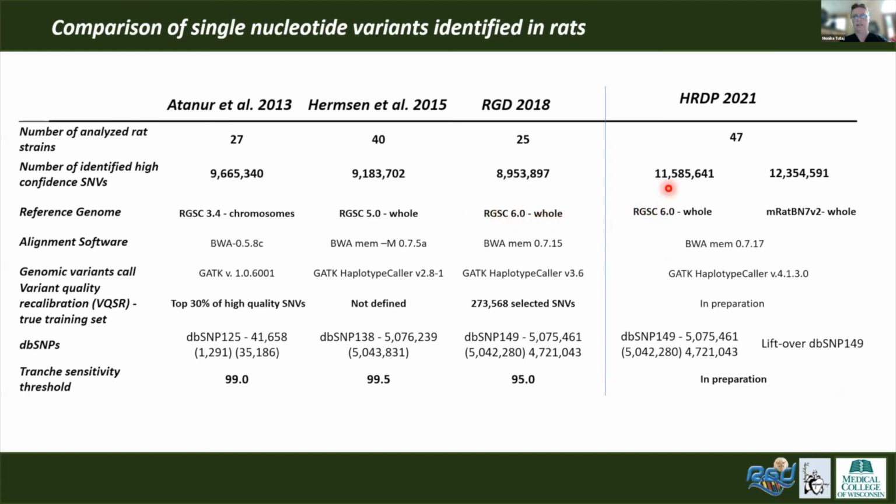And currently we can see that we've got 47 rat strains and a nice increase in the population of single nucleotide variants. And also some comparison, like improving of the software over the years. And also I will show some annotation details.